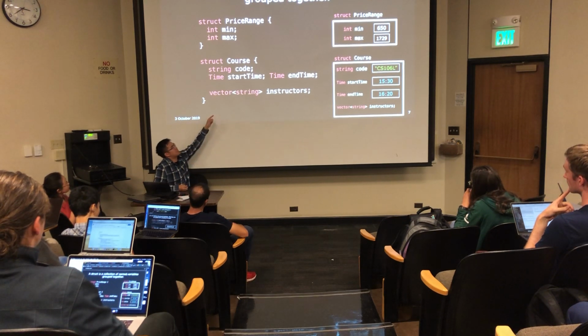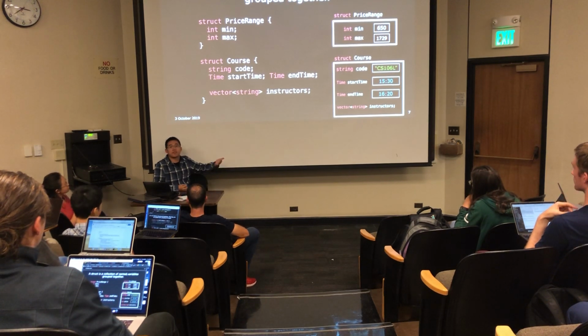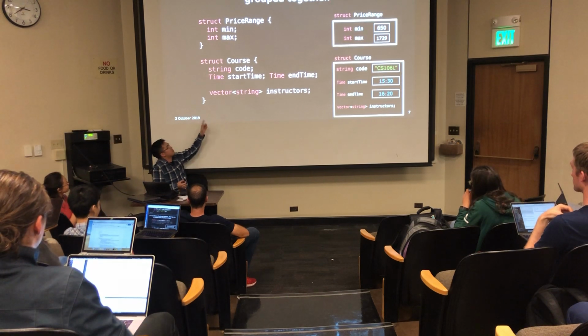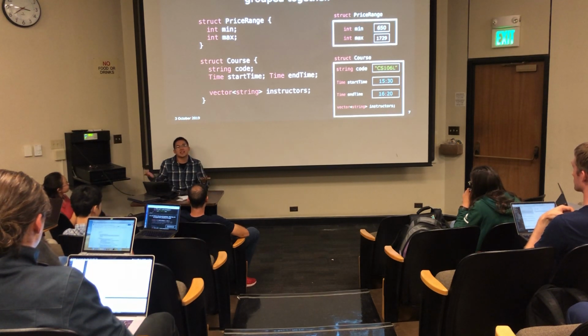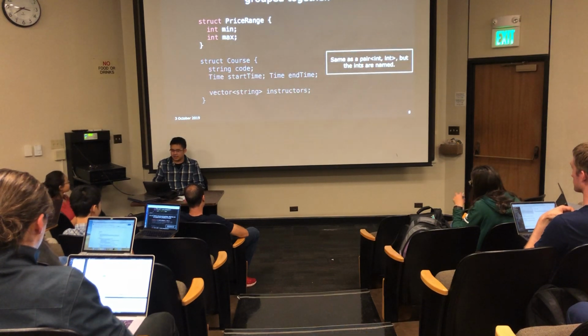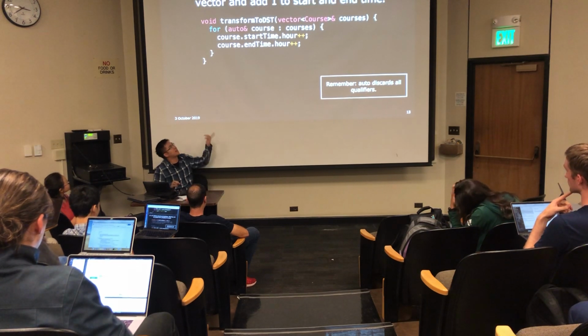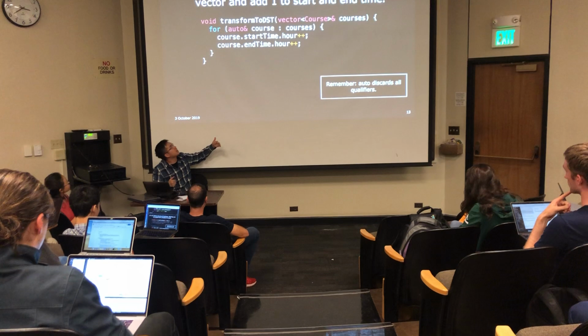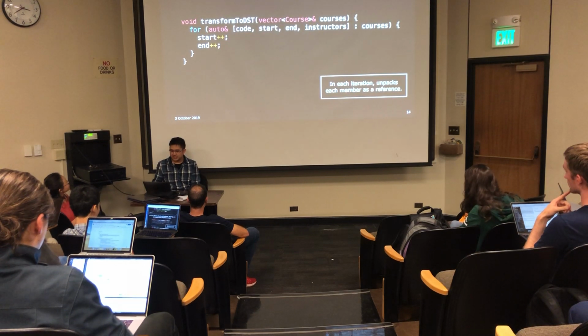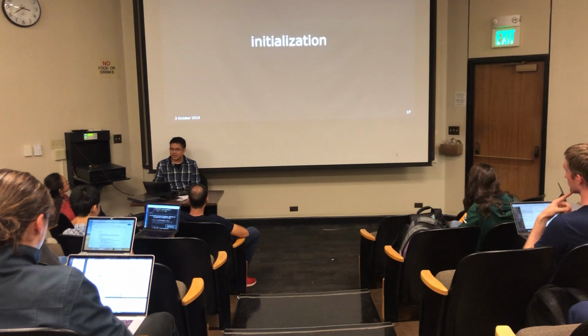So for example, the start time would be 3:30, end time would be 4:30. The struct can also have a vector of strings, instructors, and an array. This is just another example of how you can work with structs. You can have a vector of courses, where course itself is a struct. I will go through these later if we have time.